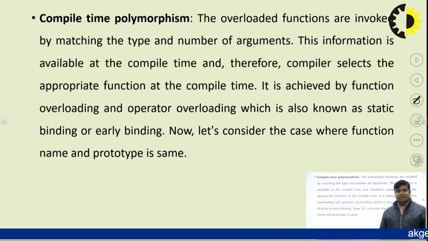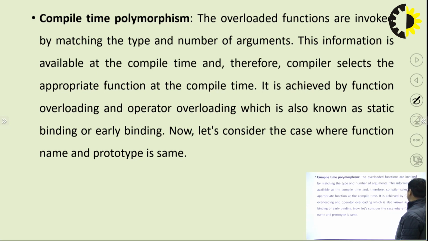We can say then that all these methods are treated as overloaded methods. Second thing, these functions are known at compile time, and therefore the compiler selects the appropriate function at compile time. It is achieved by function overloading and operator overloading, which is also known as static binding or early binding.